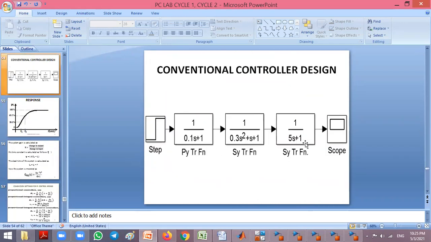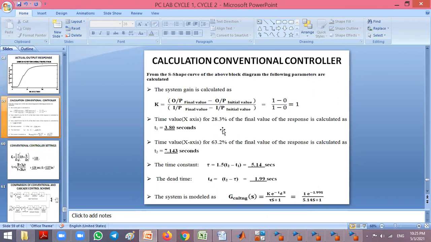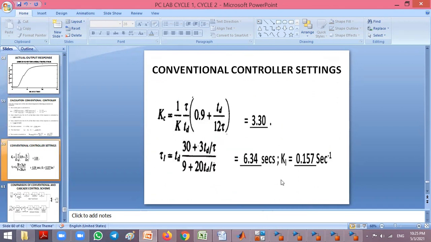The secondary loop is in series with the primary and it is open, not a closed loop. So you will get 1 as the final value. You find the controller settings from T2, T1, tau, TD, and model the process. You apply the PI control action formula and find the values KC 3.30 and KI 0.157 seconds inverse.